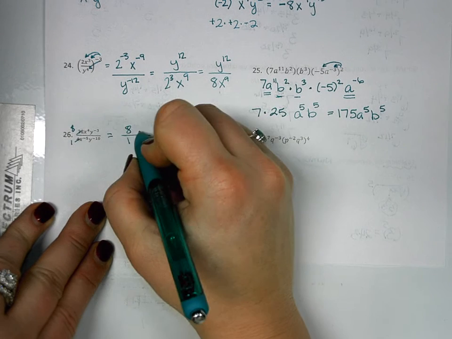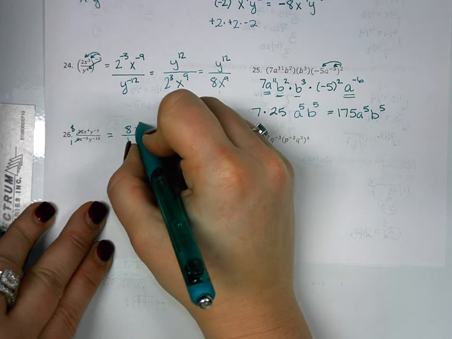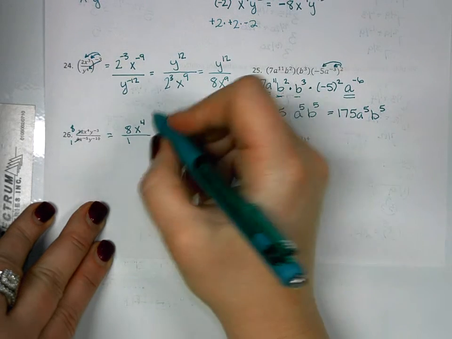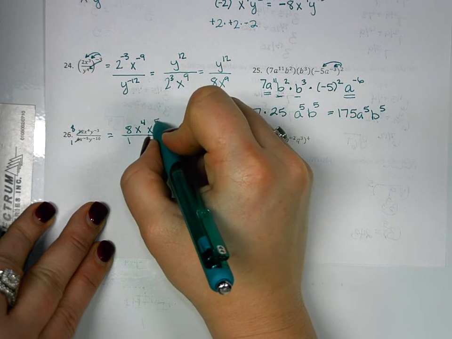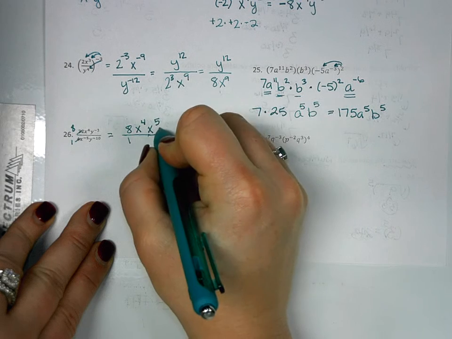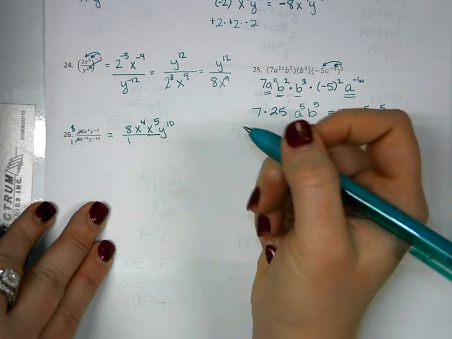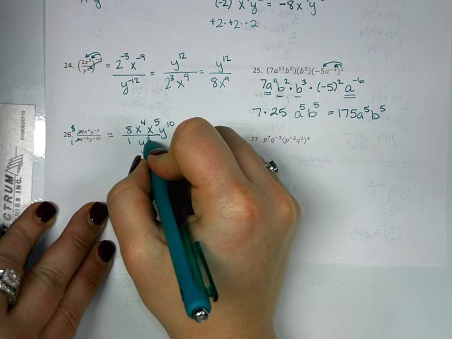Next, I can make all my negative exponents positive. So x to the 4th is already positive, so I'm going to leave it on top. And I'm going to bring this x to the negative 5 to the top so I can make that 5 positive. I'm also going to bring the y to the 10th to the top to make it positive. And I'm going to move the y to the 3rd to the bottom to make it positive.